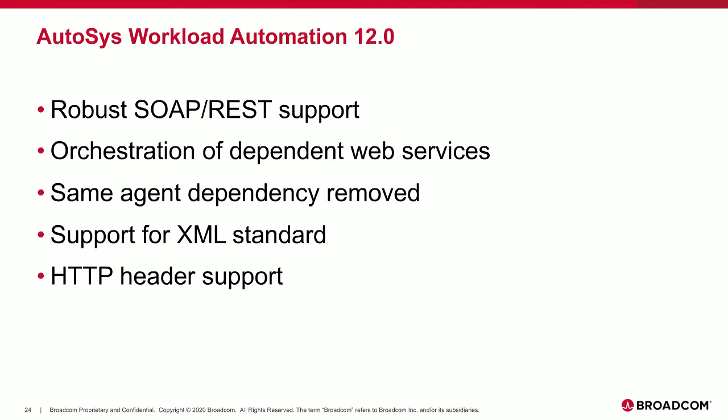The HTTP job type was greatly enhanced to support REST, so non-form-based HTTP calls, and the SOAP web service was also enhanced. We saw a little bit of that on the first screens. Those are the 12.0 dialogues. The SOAP web service, as I mentioned, one of the enhancements was supporting standard XML as opposed to a flattened version of XML.